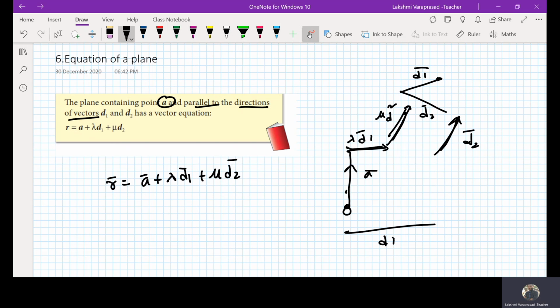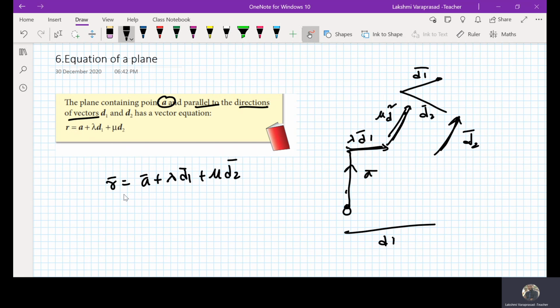I'm repeating again: here A bar is a position vector and d1, d2 are two direction vectors. Then the vector equation of the plane is going to be R bar is equal to A bar plus lambda times of d1 bar plus mu times of d2 bar.